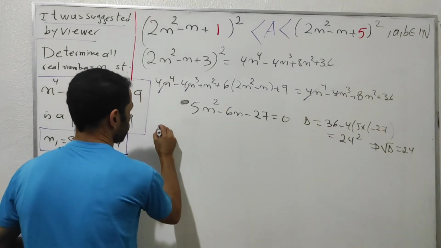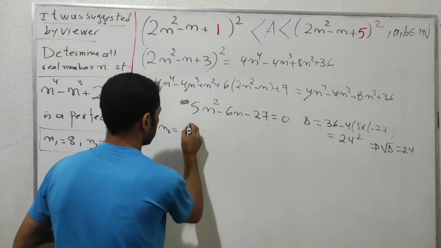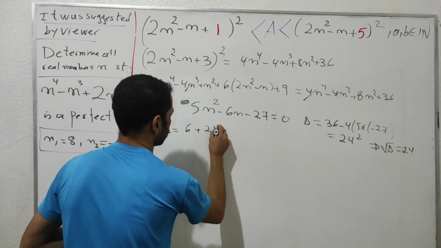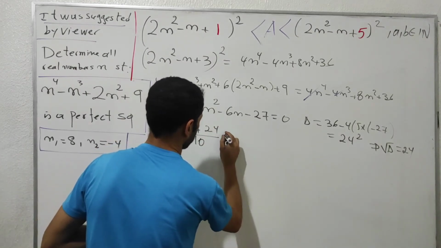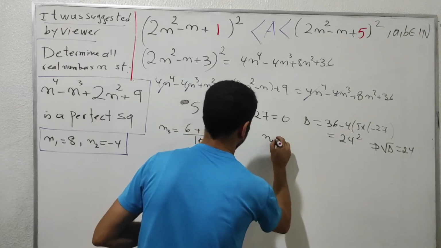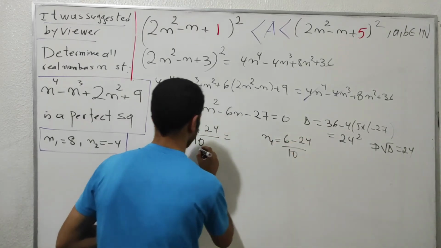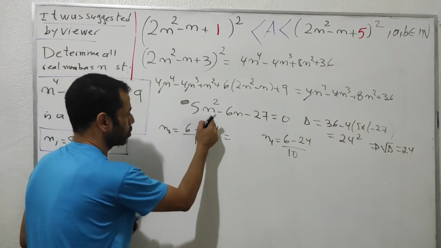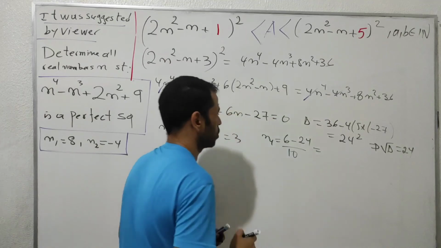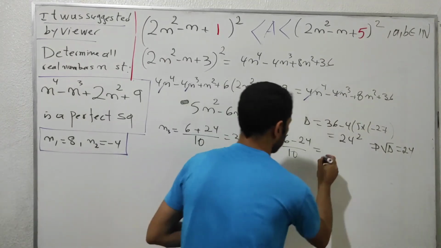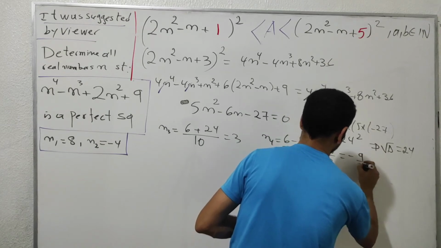So the solutions, I will have n3, I will have 6 plus 24 over 10. The second solution, I will have n4, 6 minus 24 over 10. This one is given us 6 plus 24, which is 30 over 10, which is 3. This one is given us 6 minus 24, minus 18 over 10, which is minus 9 over 5.